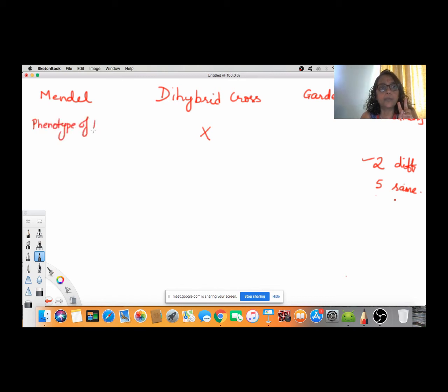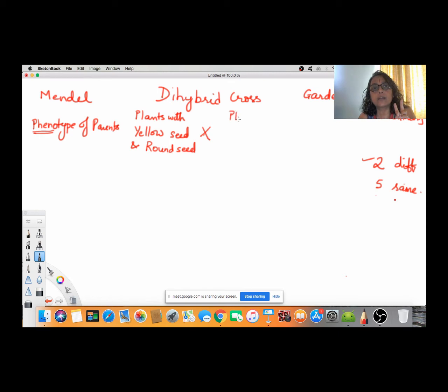of parents. Write this in your margin. Phenotype is what you can see, the physical appearance. Phenotype of parents: plants with yellow seed and round seed, 2 characters.